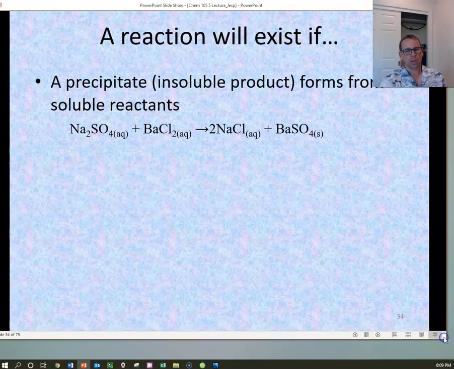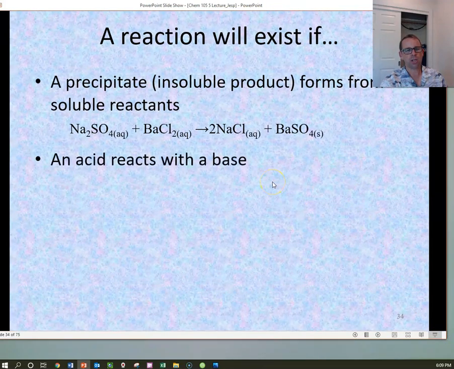A reaction will also occur if an acid reacts with a base. For example, HCl combining with sodium hydroxide, a base. The same pattern: can you see how we have A, B, that's H and Cl, C, D, sodium and the hydroxide ion, and then they switch places, right?